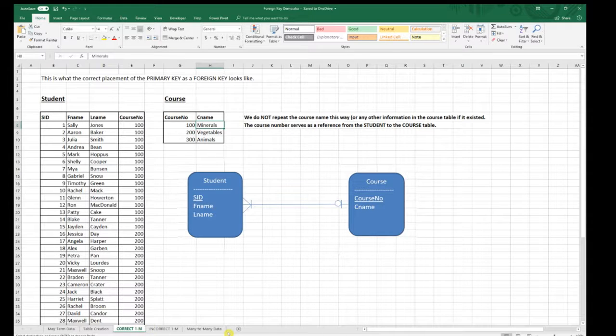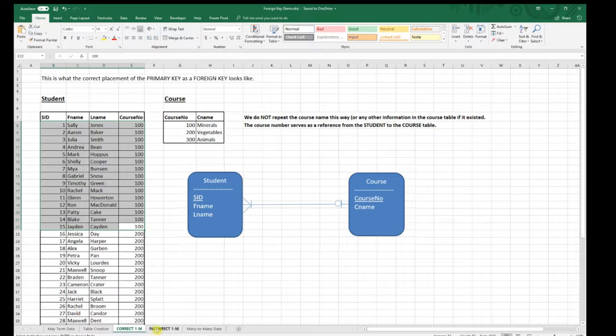So I just want to show the correct example one more time. You can see that I have a representation of all 15 students enrolled in Course 100, and I have not repeated any of the student information. This course number is not considered to be a repeat because it's uniquely identifying every single student that's enrolled in the course.